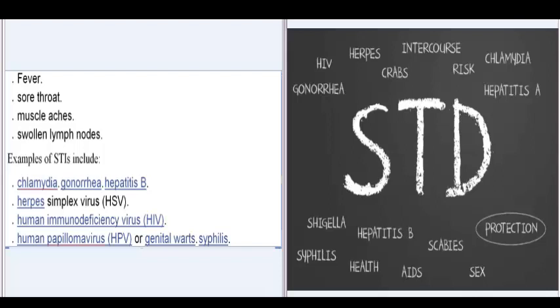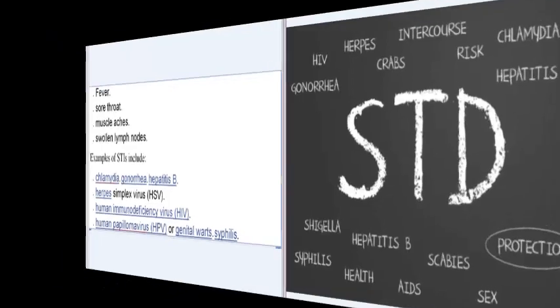Examples of STIs include chlamydia, gonorrhea, hepatitis B, herpes simplex virus, HSV, human immunodeficiency virus, HIV, human papillomavirus, HPV, or genital warts, syphilis.